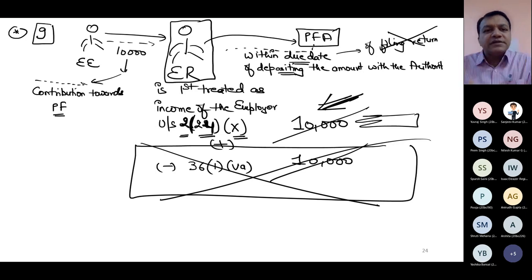How does the government deal with this? The moment the employer receives this amount from the employee, the employer has to show it as income under section 2 clause 24 subclause 10. The moment the employer deposits this amount with the authority, the same amount will be written by the employer as deduction under section 36 subsection 1 clause 5a.